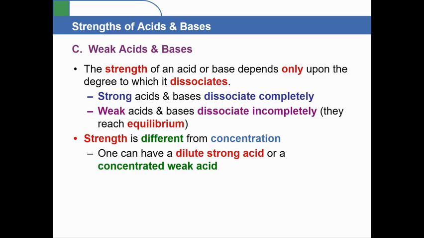Now, of course, since this is an equilibrium equation, and since we are going to have to figure out concentrations of things, there is a Keq equation that is designed specifically for acids and bases. We're just going to focus on the one for acids, though there is one for weak bases too.